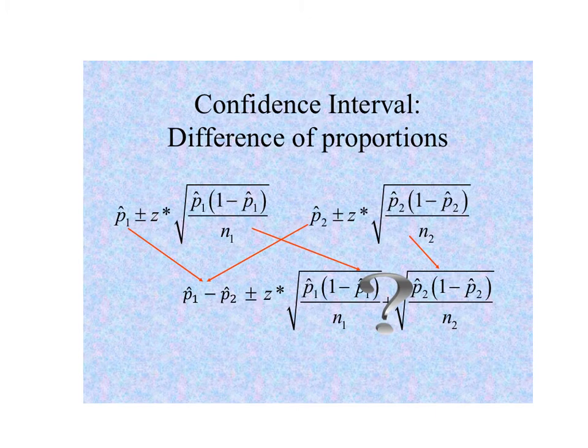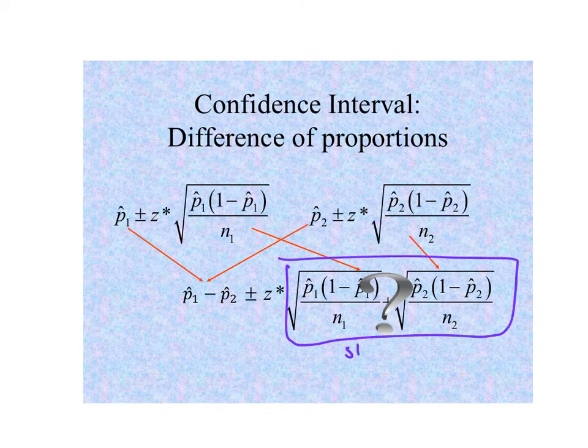because remember, we're multiplying the standard deviation. This is supposed to be the standard deviation or error of 2 samples.